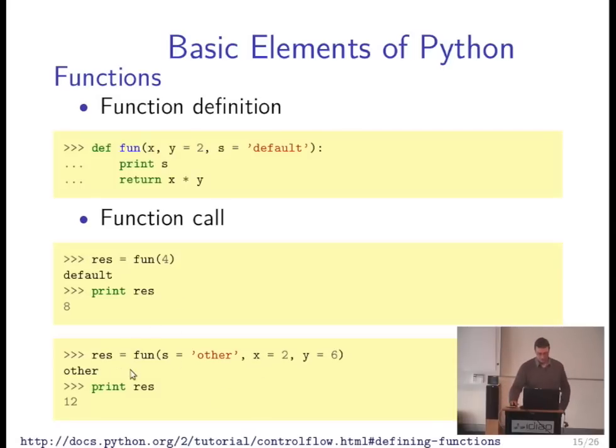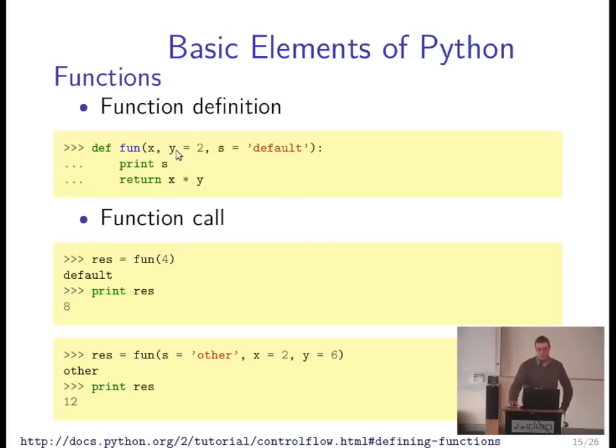For example, when you call the function with the parameter s equals other, x equals 2, y equals 6, then this will work exactly the same as if you would have said function 2, 6, other, just that you now use the parameters by name.